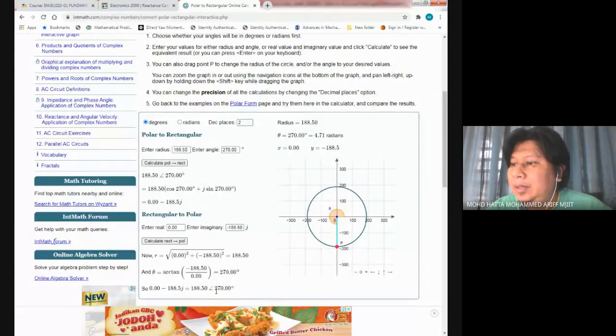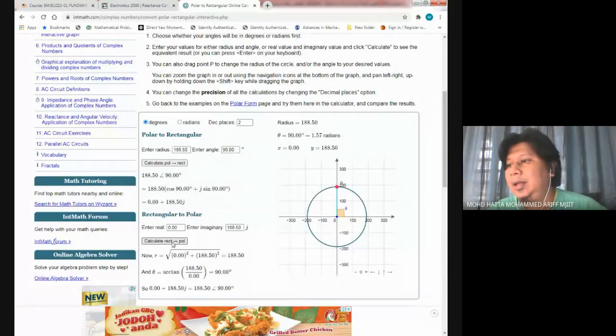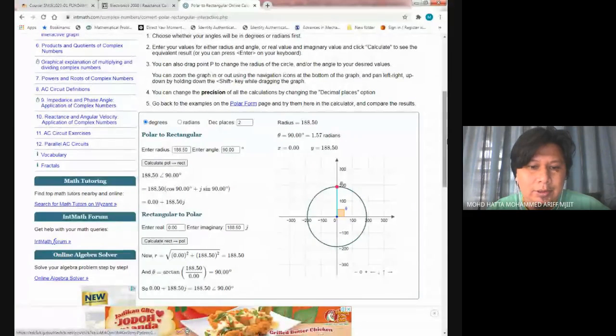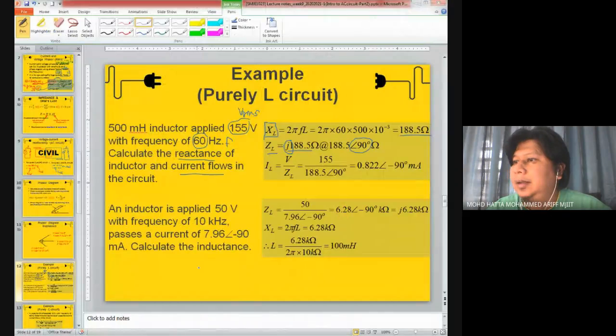It will give us 270, or in other words, negative 90 degrees. So if we have negative j, the angle over here will give us negative 90 degrees. And if you have positive j, you will have a positive 90 degrees. Okay, that's about the mathematics part.